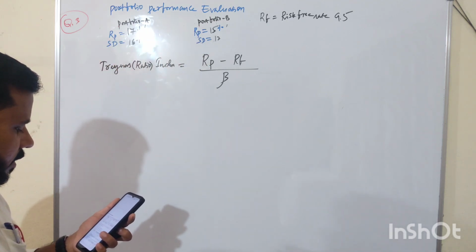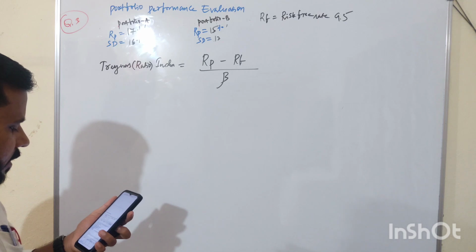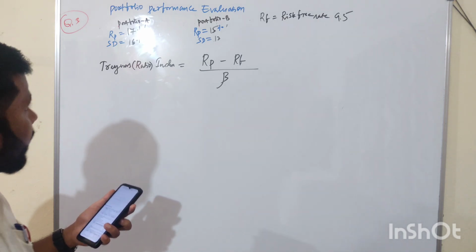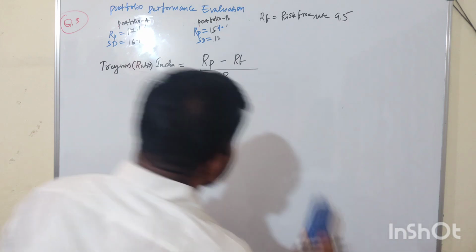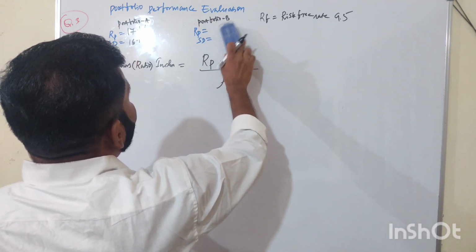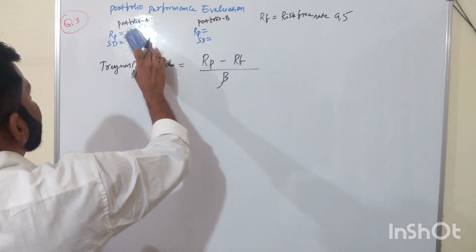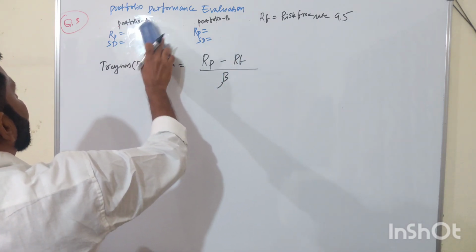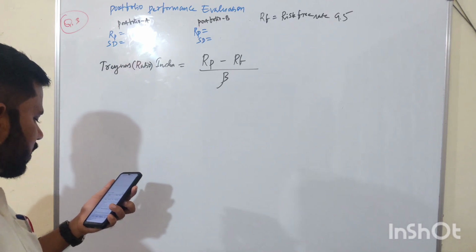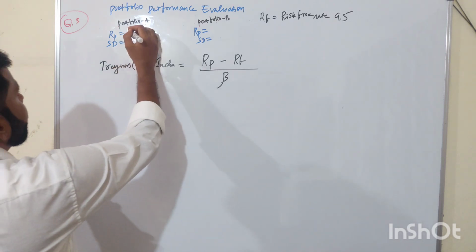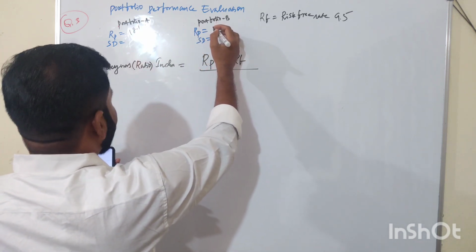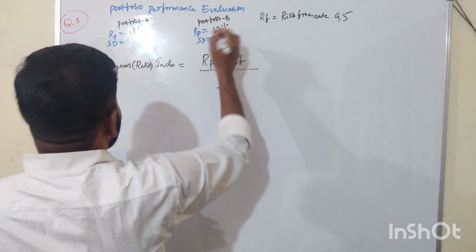So the question number 3, portfolio RP is 18%. One more we have to add here, beta, because we have to find Treynor's ratio. What is the portfolio return of A? 18%. Then portfolio return of B, 12%.